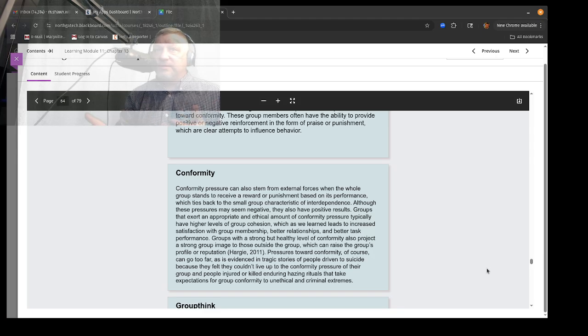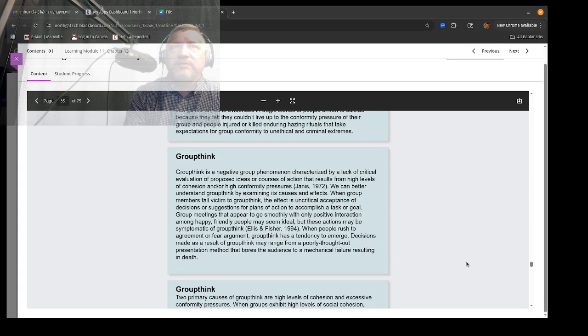And there have been instances where people committed suicide because they could not handle the pressures of groups. So let's not let our groups be so rigid, so structured, so strong and unyielding that we're causing harm to others.